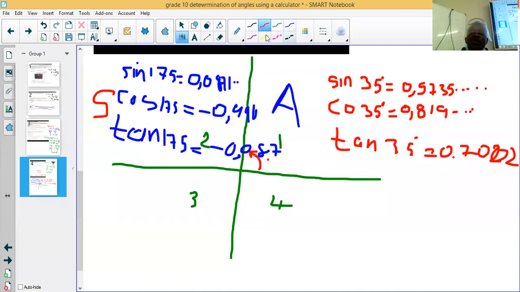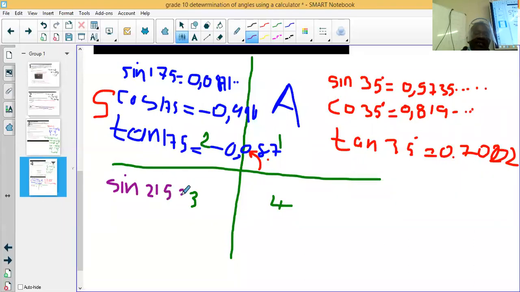Now, let us go on to the third quadrant. I want an angle that is greater than 180, but less than 270. 215. So let us use sine 215. Sine 215.